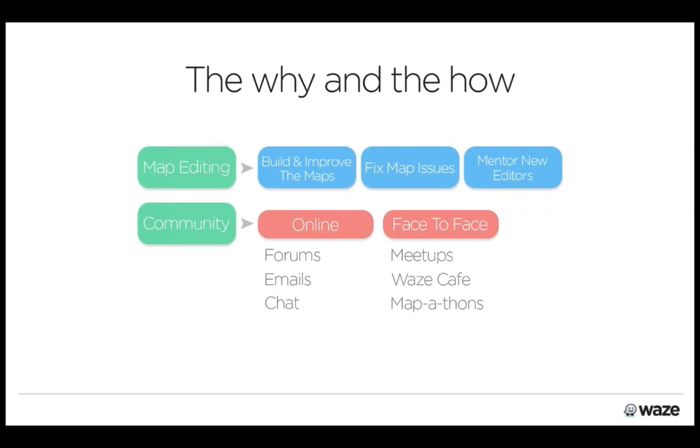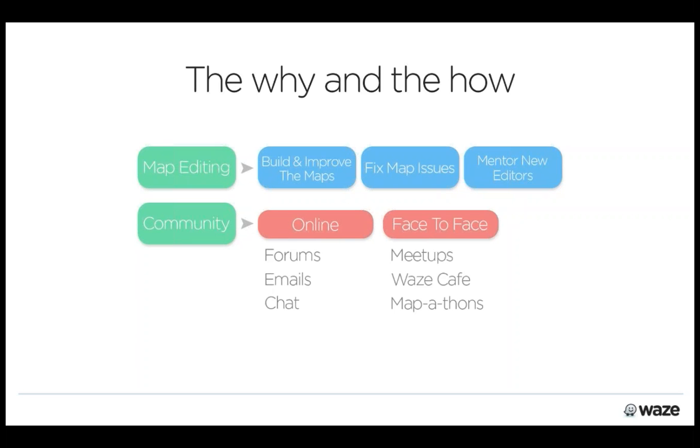Now, our community connects with each other in basically two ways, online and face-to-face. Online, we have the forums. People communicate through email, through chat, and Map Chat and Google Hangouts are both used. And then, of course, face-to-face. We have meetups around the world. Some of them Waze staff attend, some of them the map editors just get together on their own.